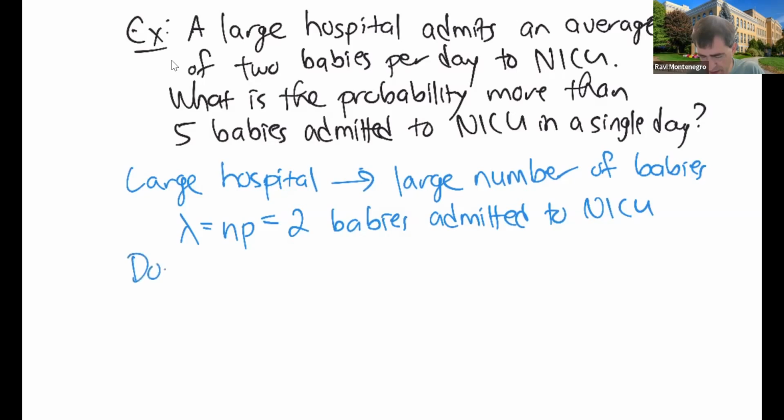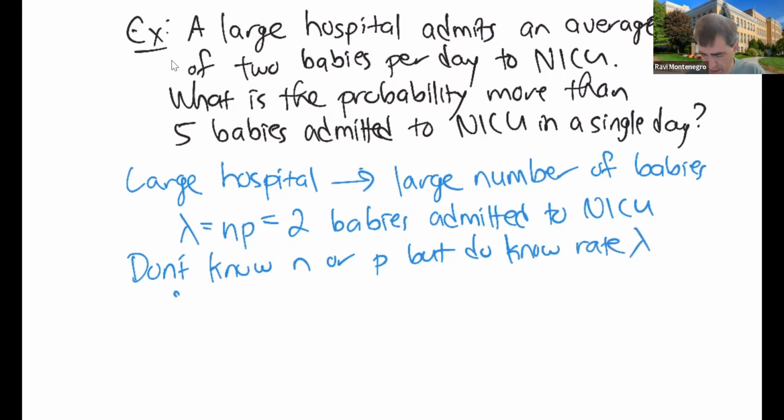So don't know p, don't know n, but we do know the rate. So Poisson can be used.